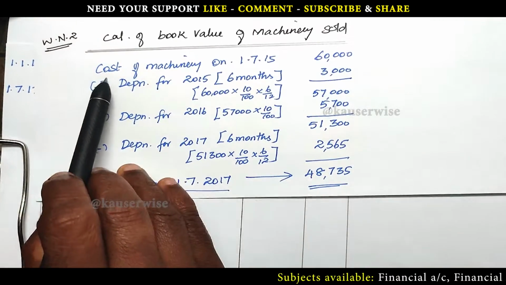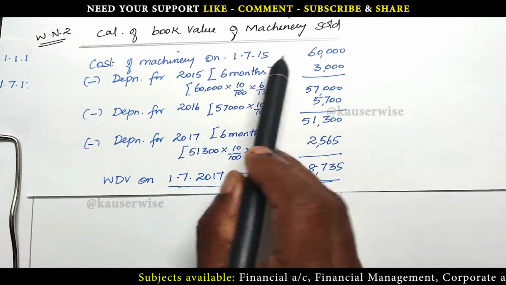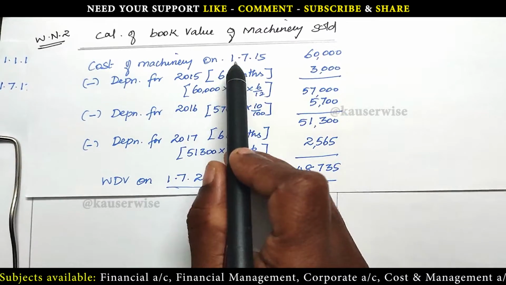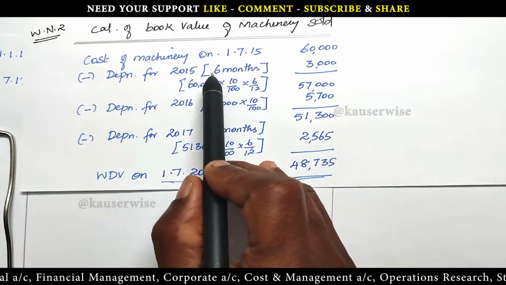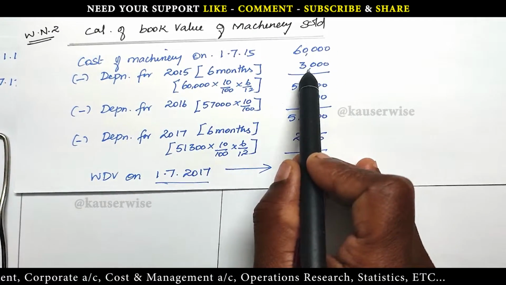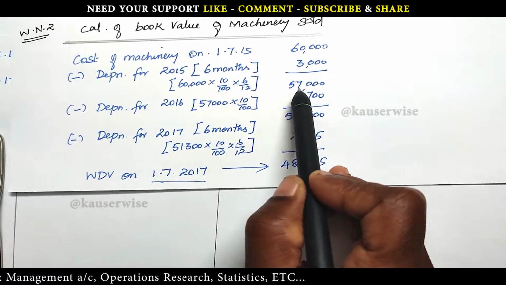Okay, so cost of machinery on the date of purchase 1/7/2015. How much? 60,000 given in the problem. So first year we have calculated depreciation only for 6 months. From 1st July to 31st December, how many months? 6 months. So how much? 3,000. And this is the WDV value after first year depreciation.